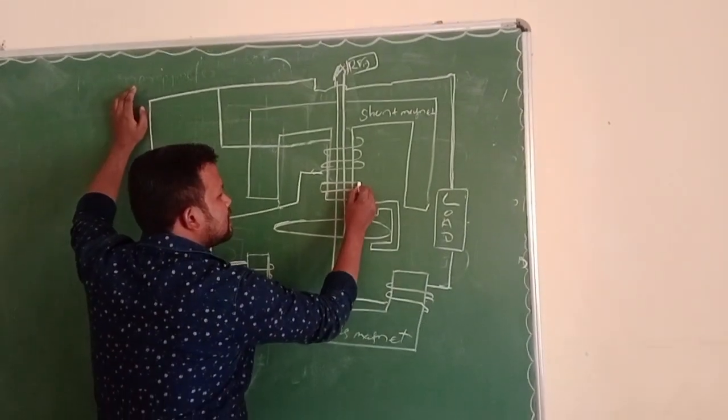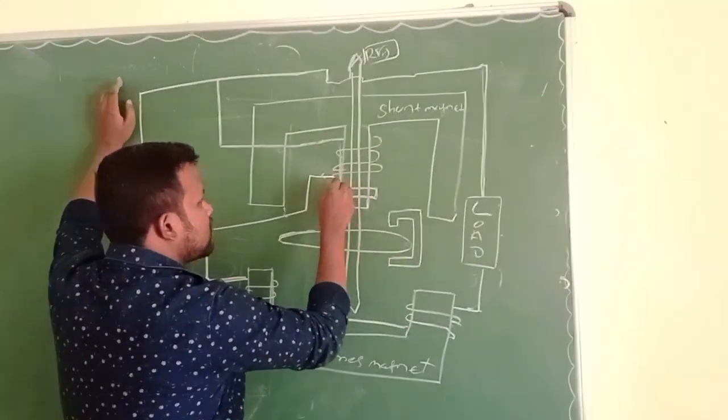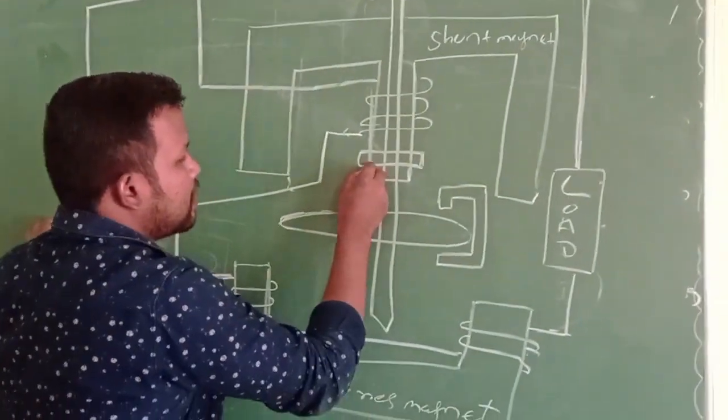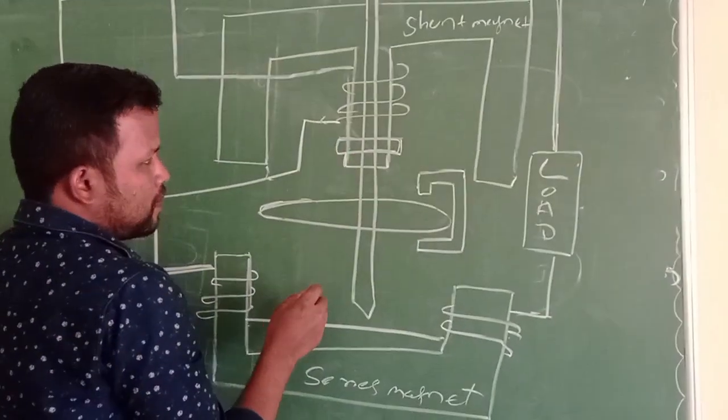There is a shading coil connected in this magnet, because the shading coil is made up of copper.